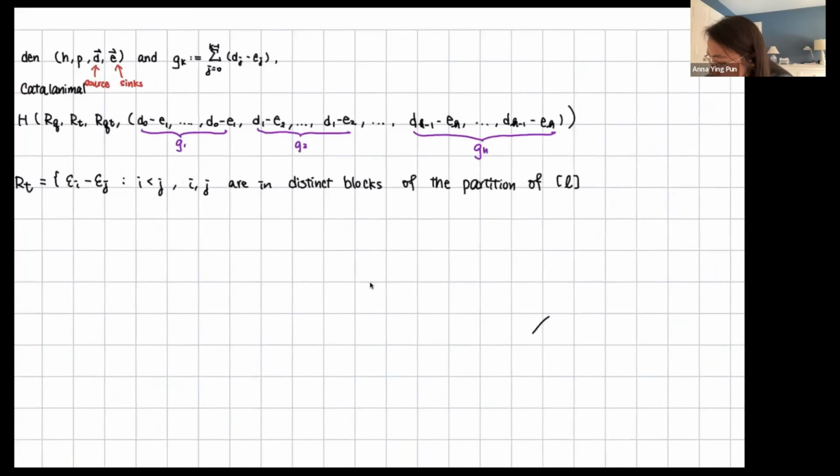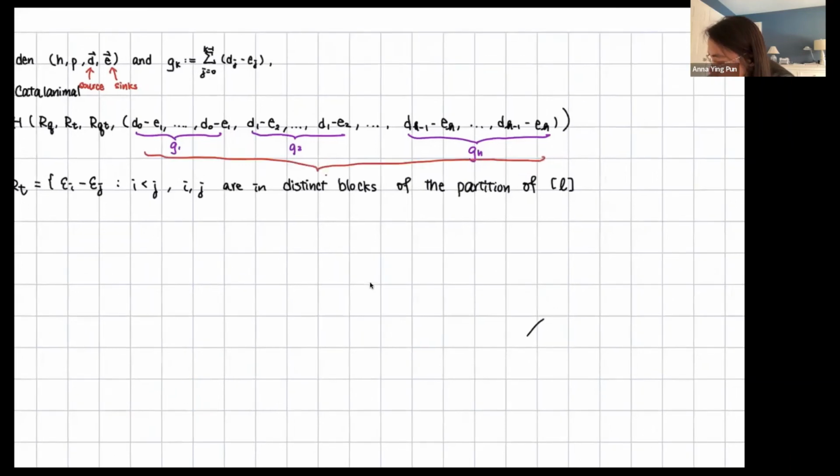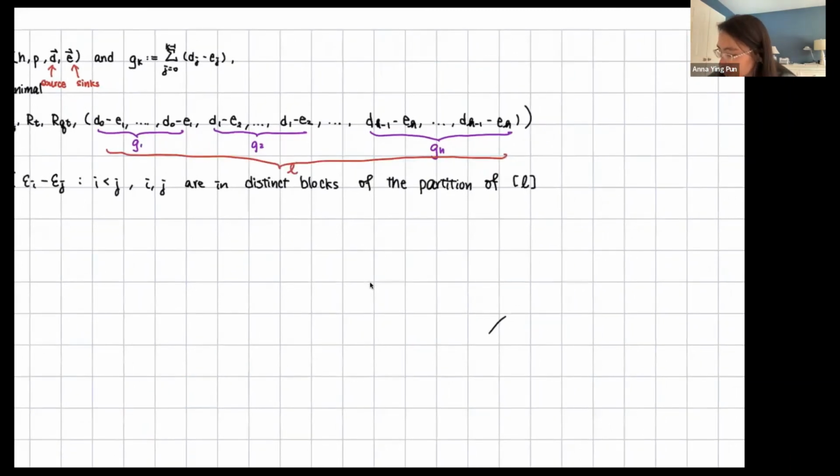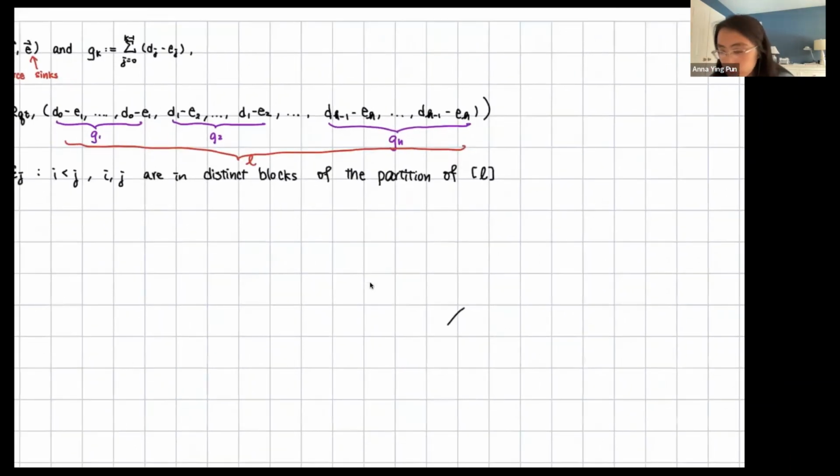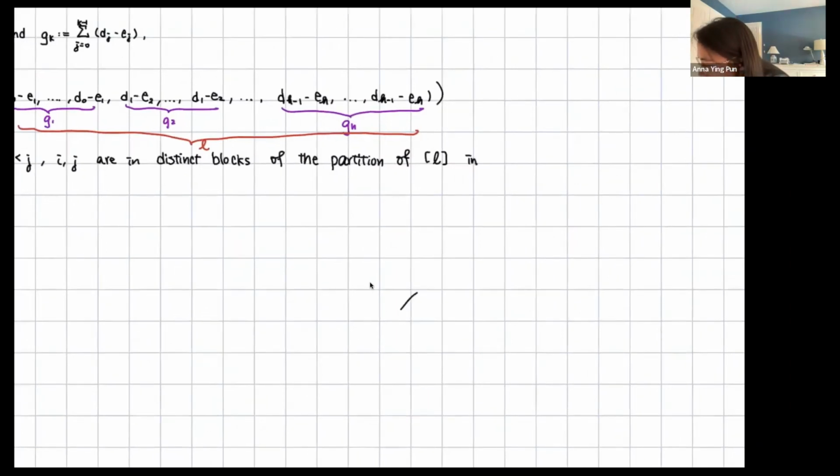L is just the sum of everything, into intervals of G_k.